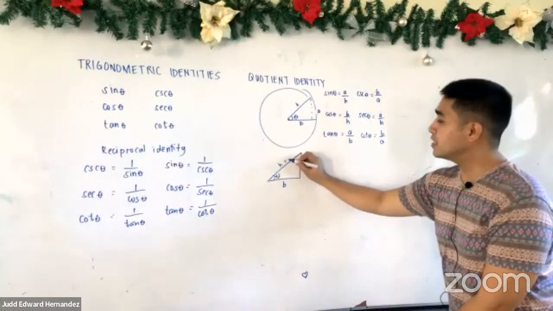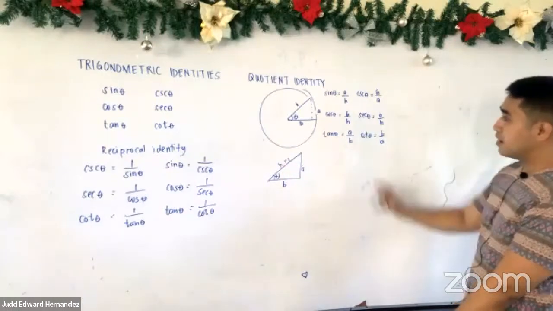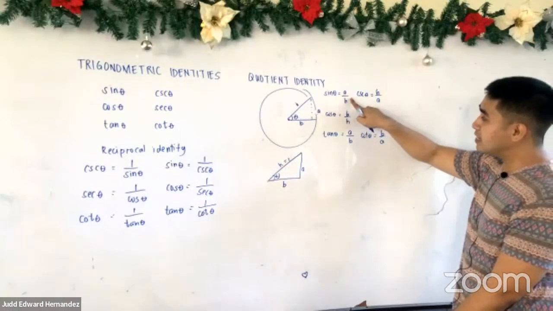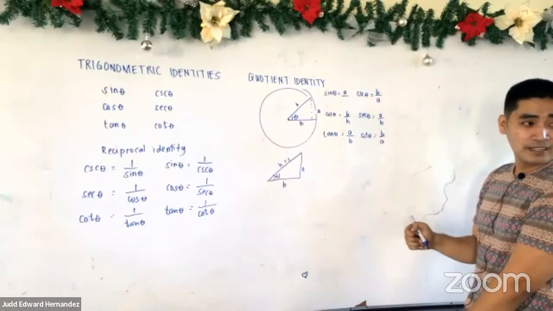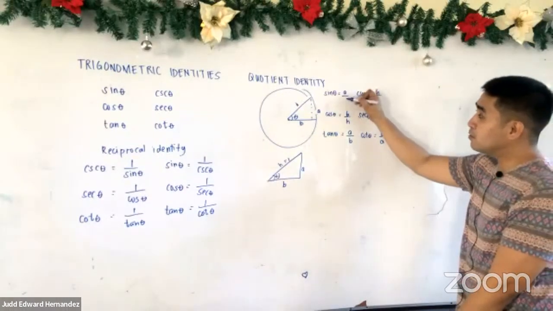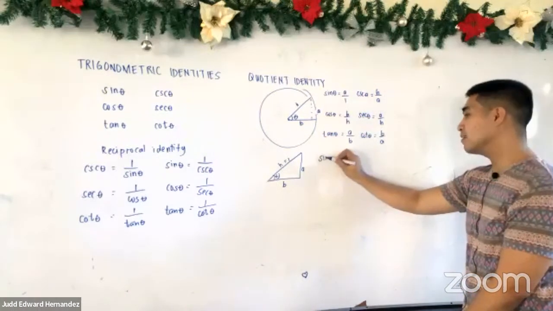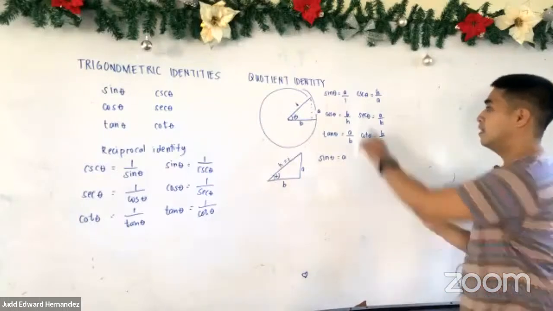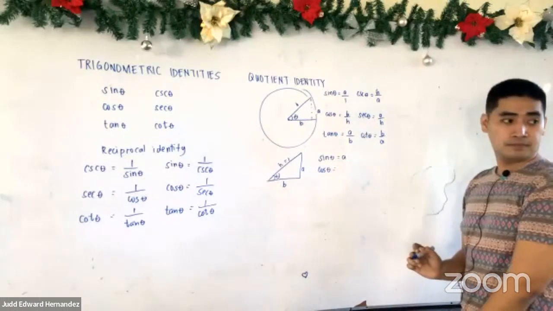Therefore, if the hypotenuse is equal to 1, we could say that sin theta is equal to A. Isn't it? Tama po ba? Since the hypotenuse is equal to 1. Is sin theta equal to A? Opo, sir. Okay. Cosine theta is equal to B po.